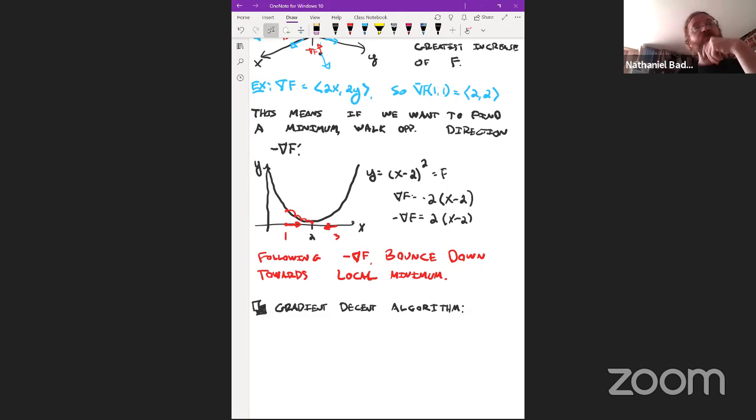If we want to extremize, or find a local minimum, what are we going to do?